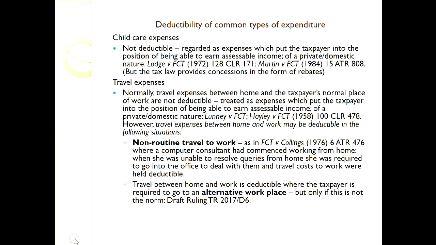For example, if you go to, say, a client's premises a few times in the month, whereas normally you go to the firm's office in the city to do your work, say you are an auditor, but say in the month of August you went 8 times to the client's premises from your home, 8 times isn't so frequent, that should be deductible. That's what we mean by going to an alternative place of work.